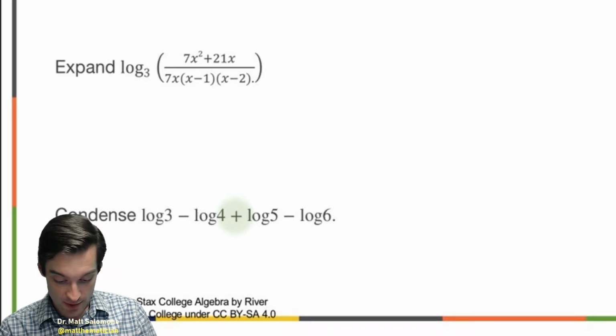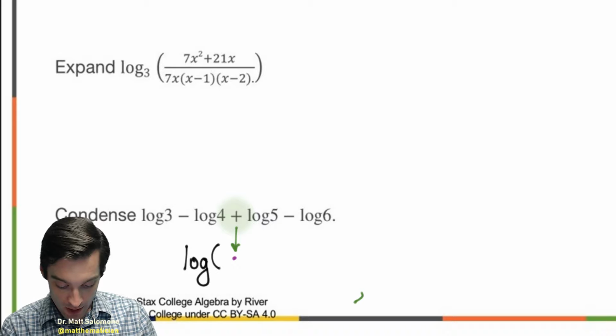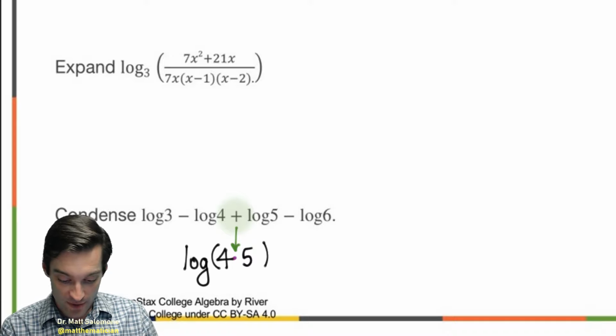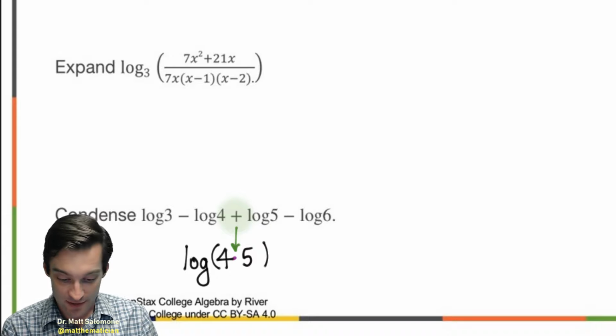And so what I might do here is start by turning that addition into multiplication and getting my single log of the product, 4 times 5. And 4 times 5 being 20, it looks like I've just violated the order of operations.